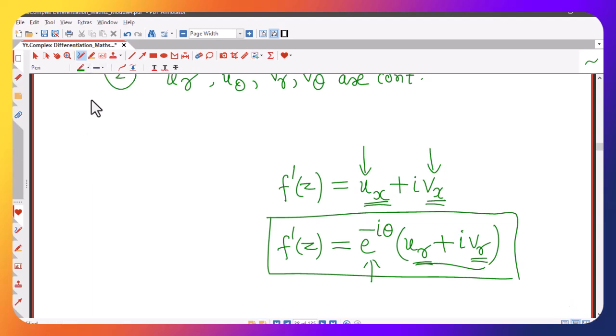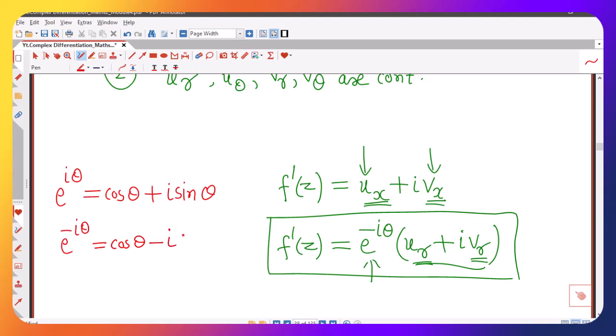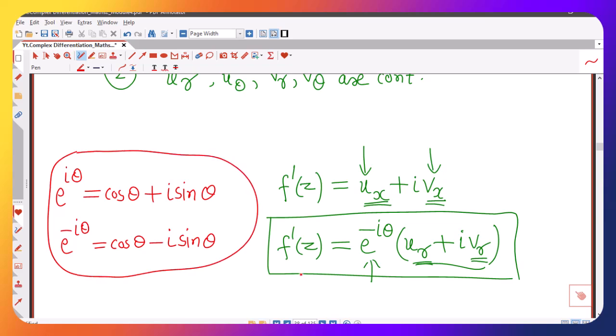And if you recall Euler's formula, e raised to iθ can be written as cos θ plus i sin θ, and if we replace θ by minus θ, then we will have cos θ minus i sin θ. So we will use these formulas whenever required to simplify our derivative if it exists.